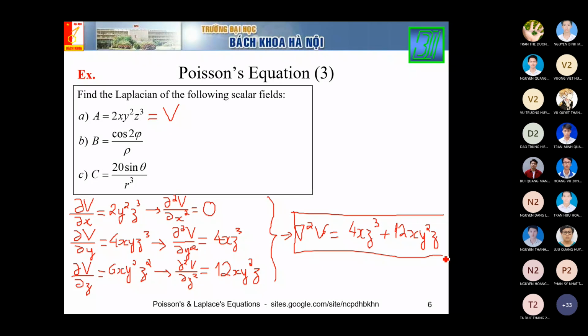So you can see that, like our two previous operators, the divergence and the gradient, the Laplacian is based mainly on the partial derivative of something with respect to something else. The main difference is that we have to take the second order partial derivative instead of the first order like the two previous operators.